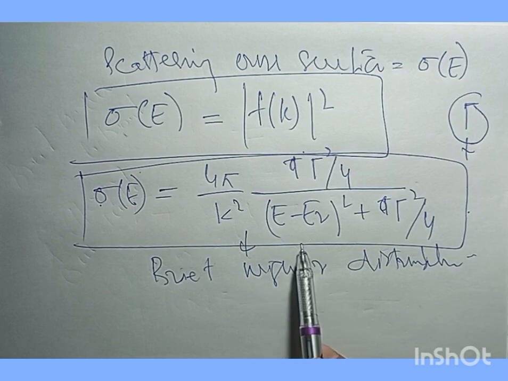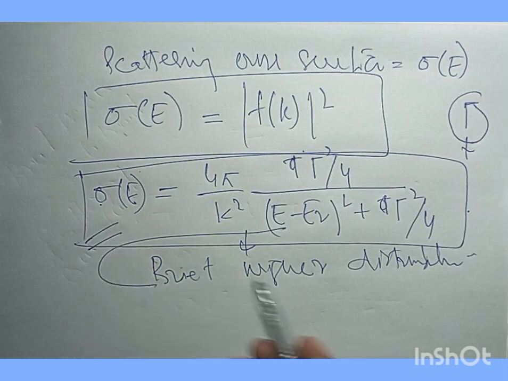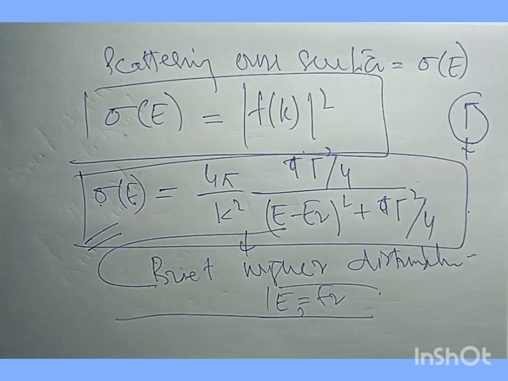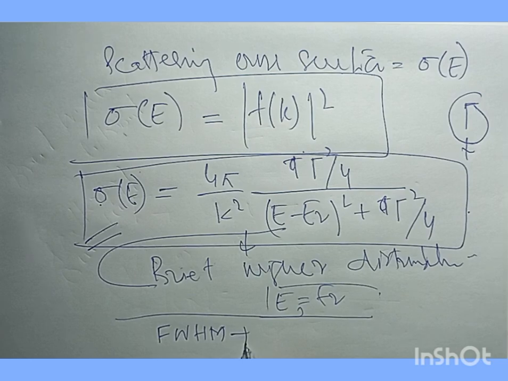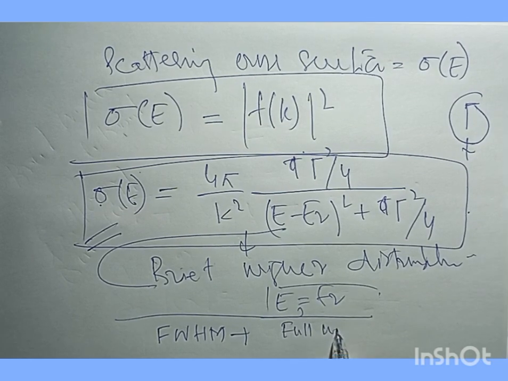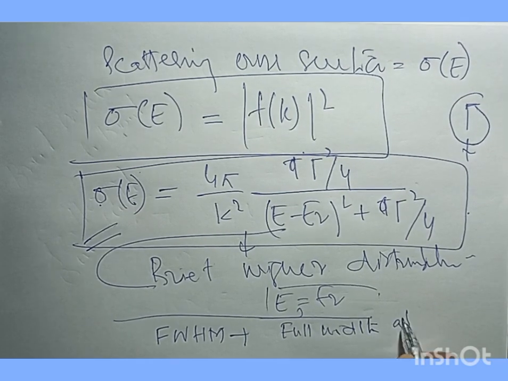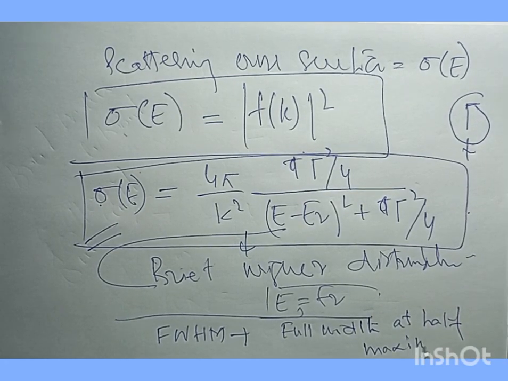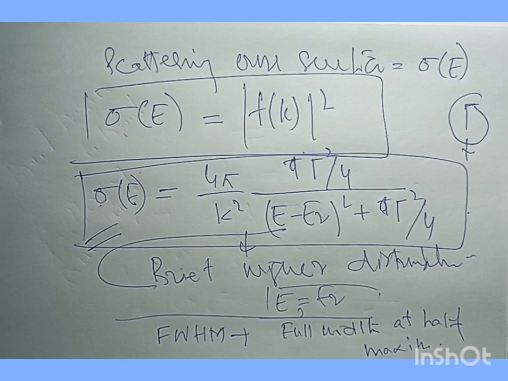Certainly you can see here, this cross section will peak at E equal to ER, and this is what we call FWHM. What does that mean? That's the full width at half maxima of this peak. So what we have done till now: we came up with a resonant state that decays with an exponential law.